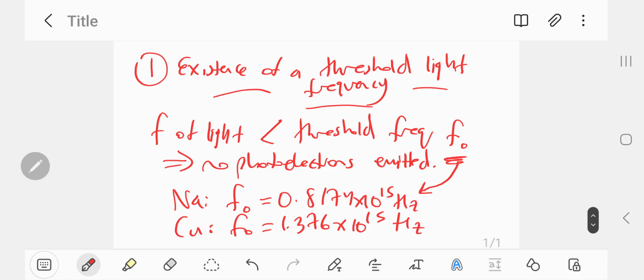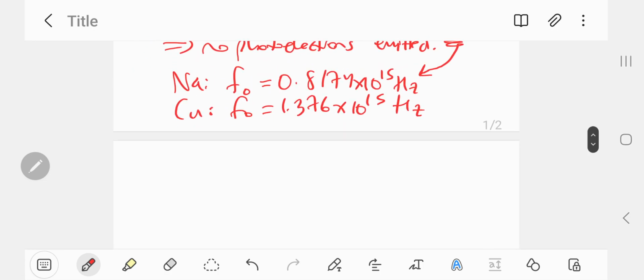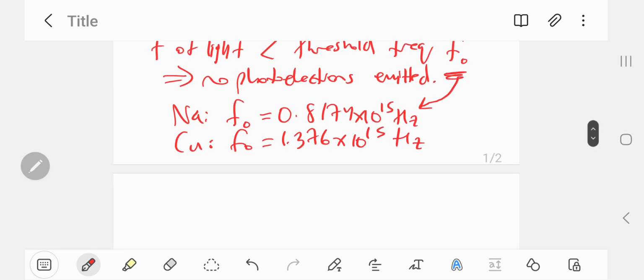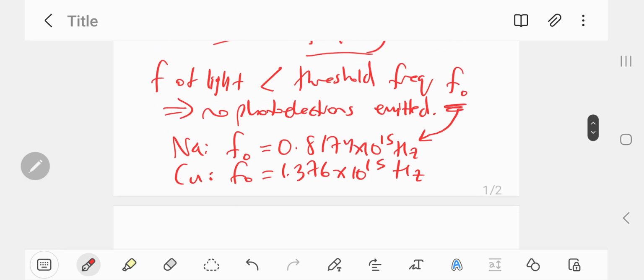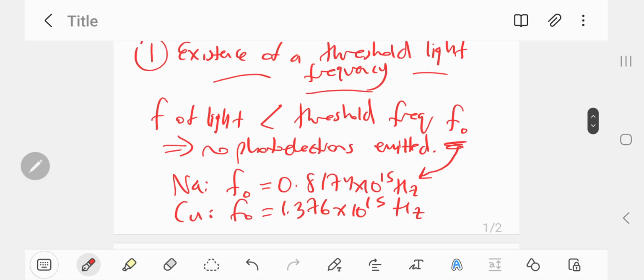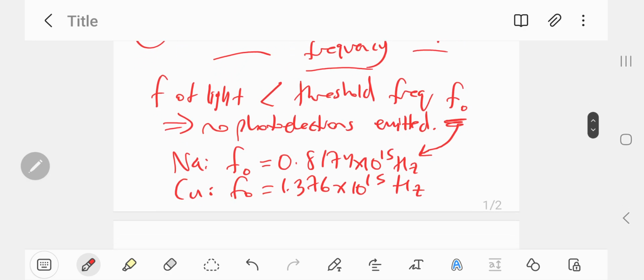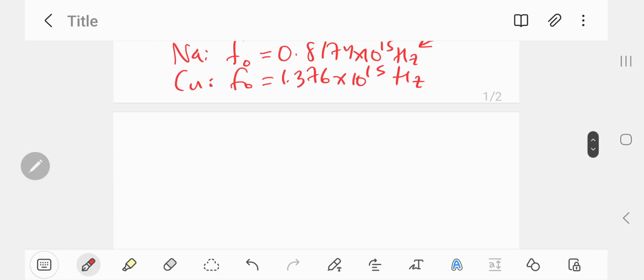This observation is inconsistent with the wave model because classical wave theory relates the light intensity to the wave amplitude, not the frequency. But in this case, frequency is involved in the process, and you must satisfy this specific threshold frequency in order to get photoelectron emission from the metal surface.